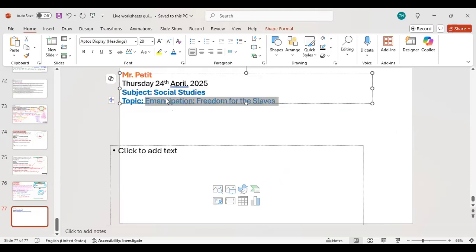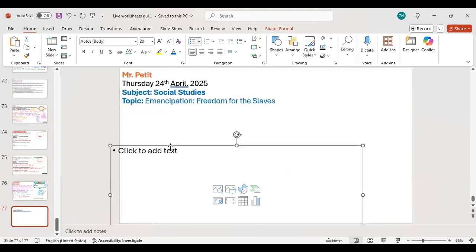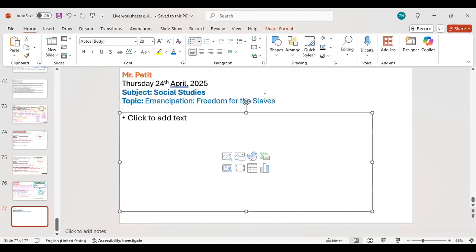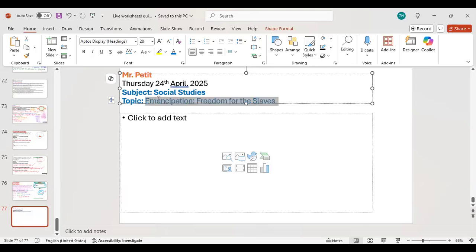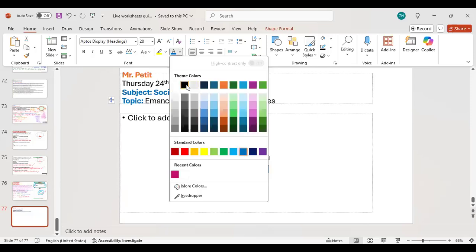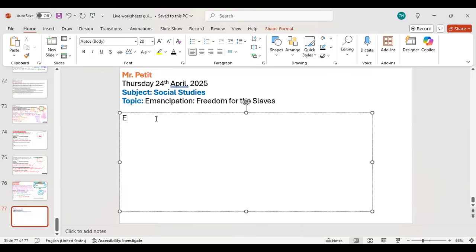All right, so the first thing that we have to do is define what emancipation is. Let's begin with a definition of emancipation. In your own words, define what emancipation is. What do you mean by emancipation? Class, what do you mean by emancipation?